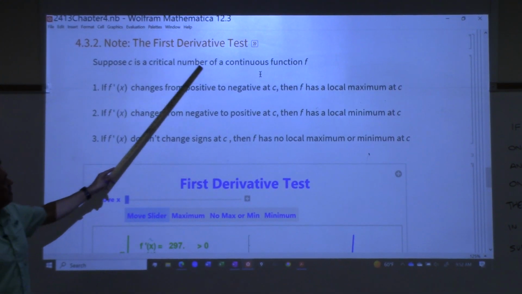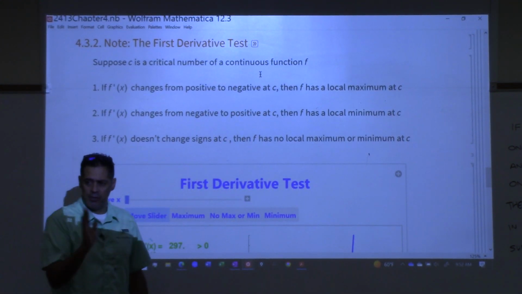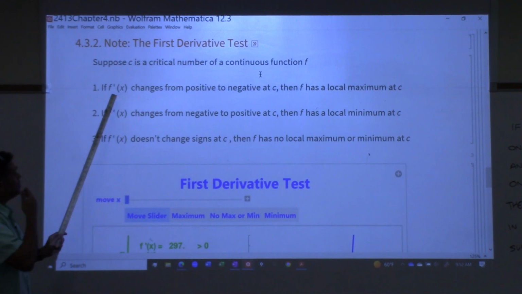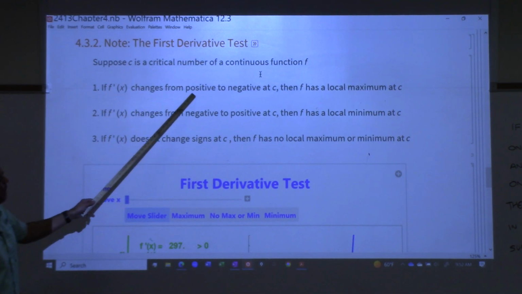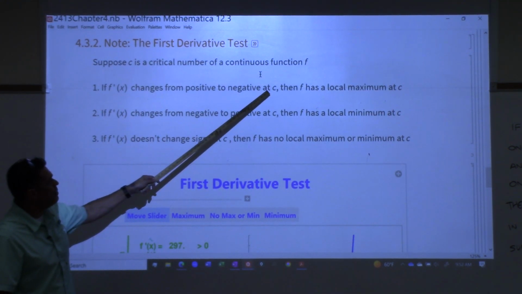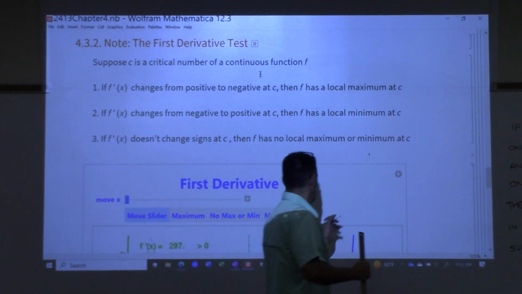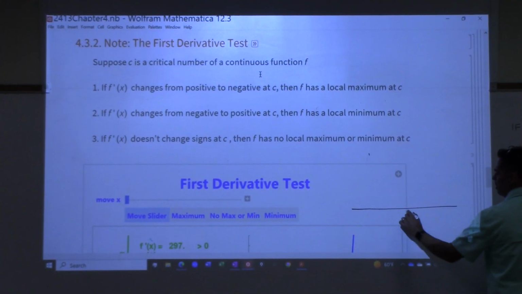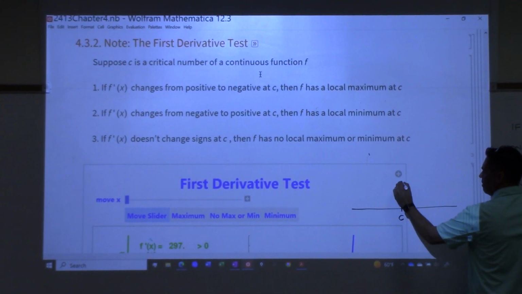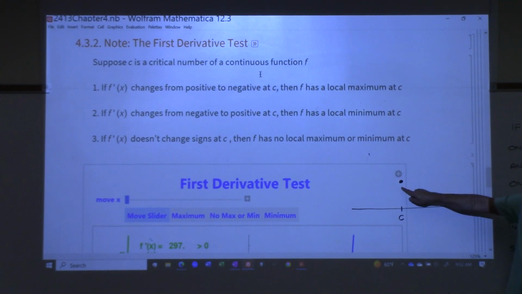It says, let's say we found some critical numbers. If the derivative changes from positive to negative at that critical number, then the function must have a local maximum. Think about what that's saying. Let's say that you have a function, and at some point c, I tell you that that's a critical number.